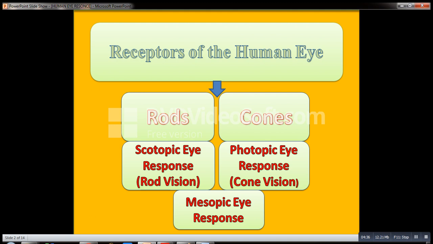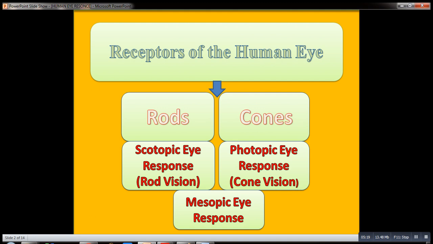Scotopic vision is produced exclusively through rod cells, which are most sensitive to wavelengths of around 498 nanometers, green-blue, and are insensitive to wavelengths longer than about 640 nanometers, orange-reddish, meaning red in shorter wavelengths. This condition is called the Purkinje effect.